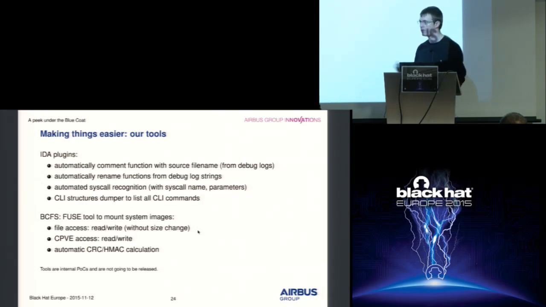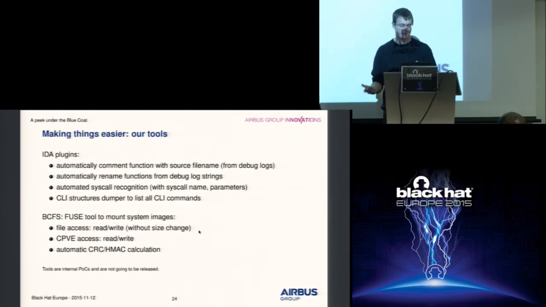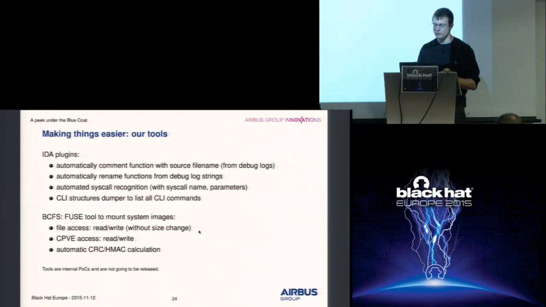When you unmount the file system, it fixes the CRC and HMAC. So you just mount it, change some code or variables, unmount, and then boot it in your VMware machine, for example.